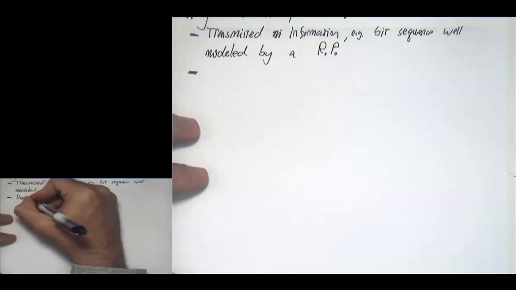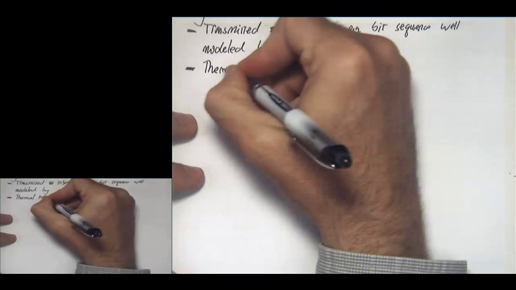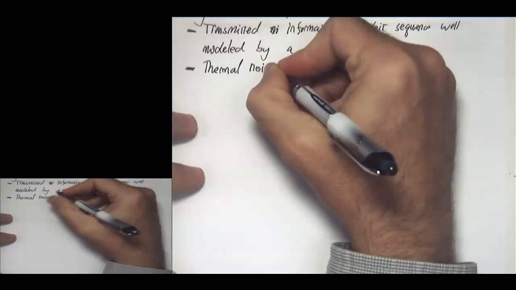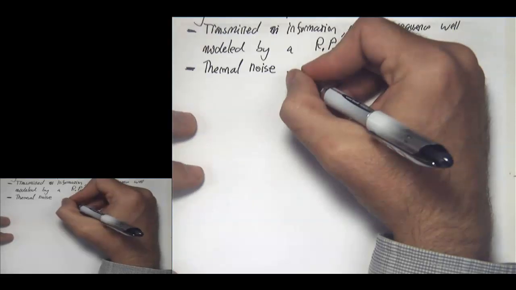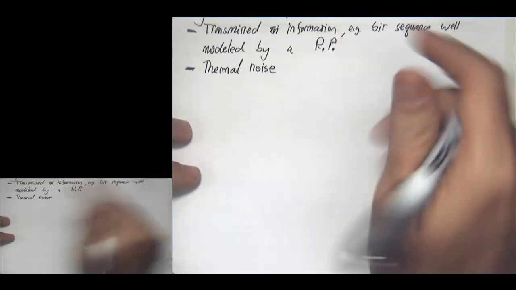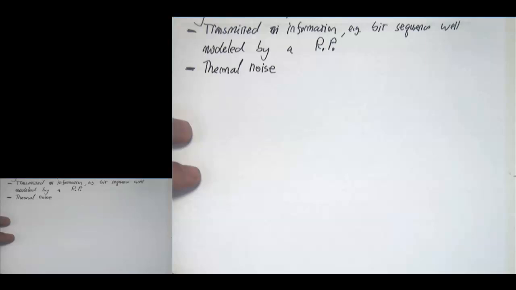Another one. We already talked about this, thermal noise. Thermal noise is the electrical noise that's caused by thermal activity, the random motions of electrons. The little random motions of electrons in all of our electrical devices create small fluctuations in the signals that we send and receive. And those fluctuations are really small. But it turns out that the signals we're receiving are also really small. And so those little tiny fluctuations in a communication receiver have a huge impact.